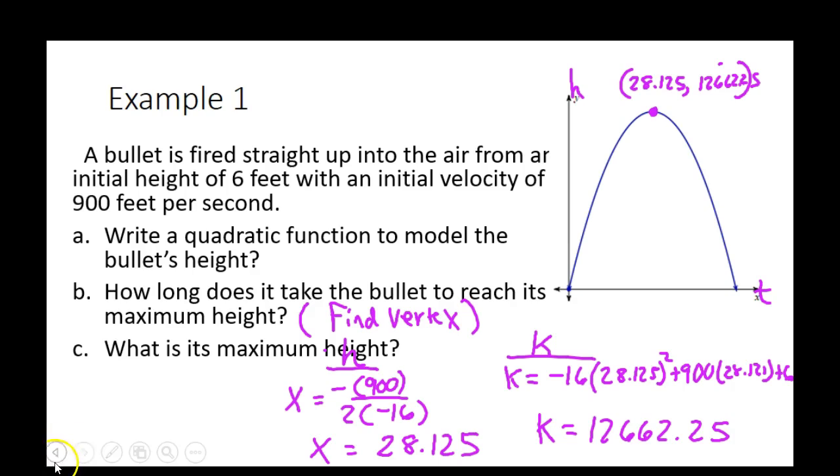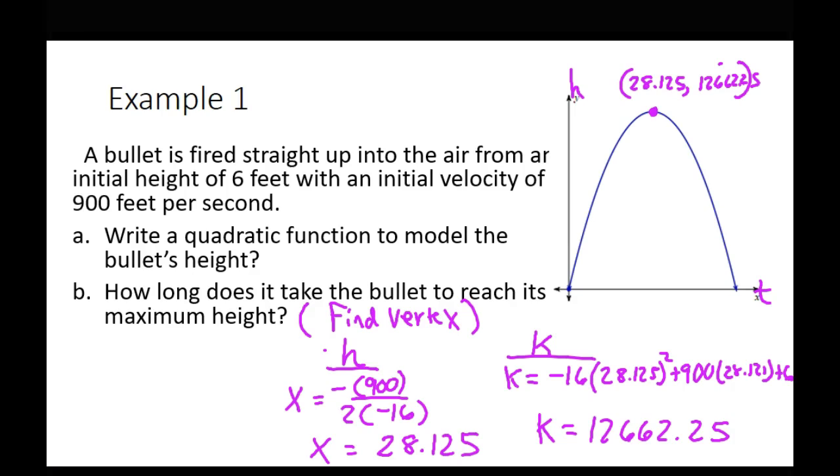It's asking us how long does it take to reach its maximum height. So do they want to know a time value or a height value? They want to know a time value. So what's the answer? That's right. So this is the horizontal number, right? Time. So that's your time, and this is the height. So that's the time it takes to reach its maximum height, and that is the maximum height.